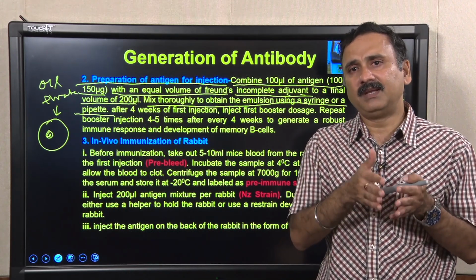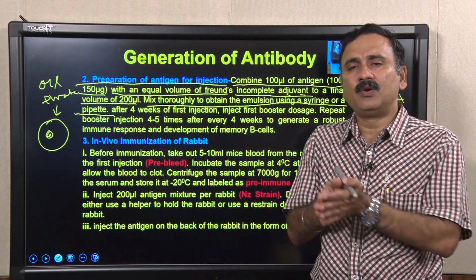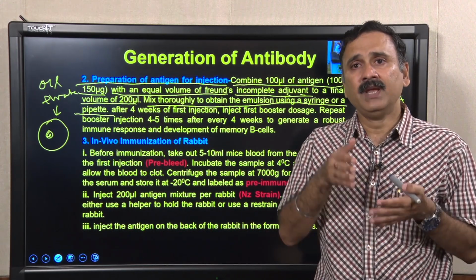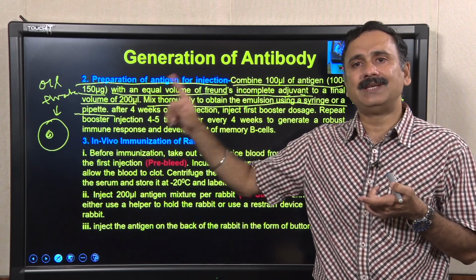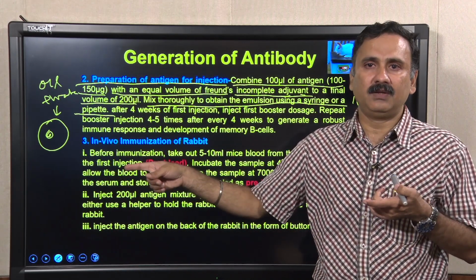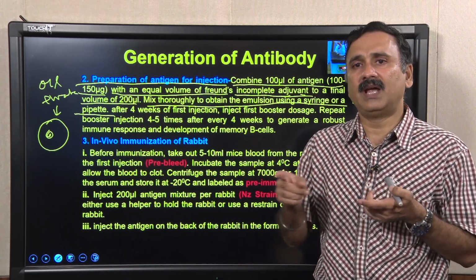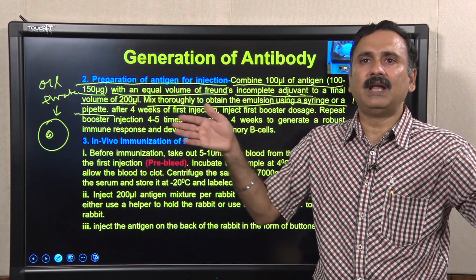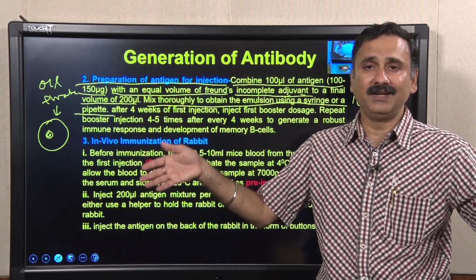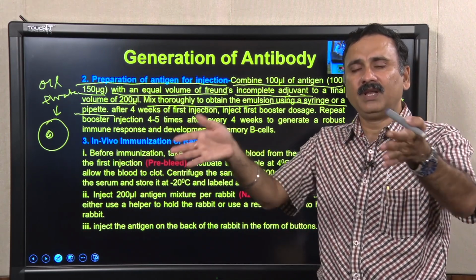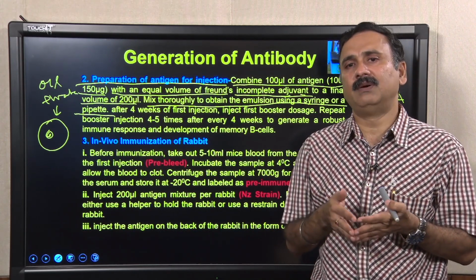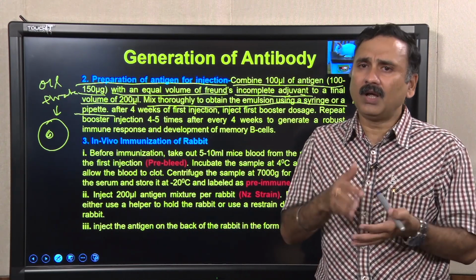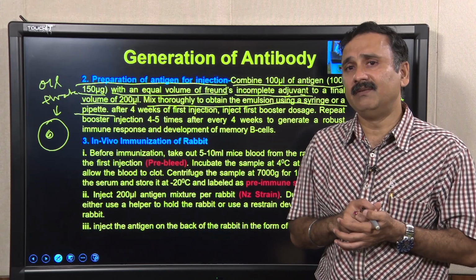Because if the antigen is cleared from the site of injection very soon, then you are not going to challenge the animal for a very long time. The antigenic response will not reach a very large chunk of the B cells or T cells. It will spread to only a very small population of B cells and T cells, and because of that the overall immune response is going to be very low.